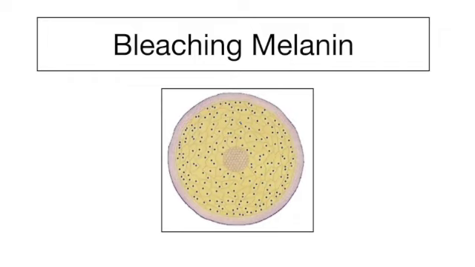We dissolve the melanin by bursting open the granule, and that happens because we're using an alkaline mixture. The alkaline mixture not only makes your hair swell, but it also causes the granule that's holding your hair color inside it to swell up, burst open, and then you disperse the melanin.